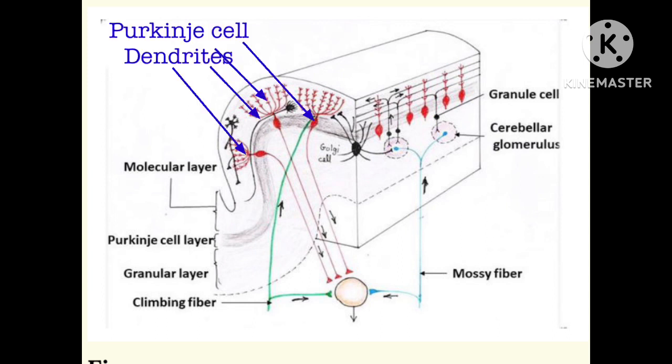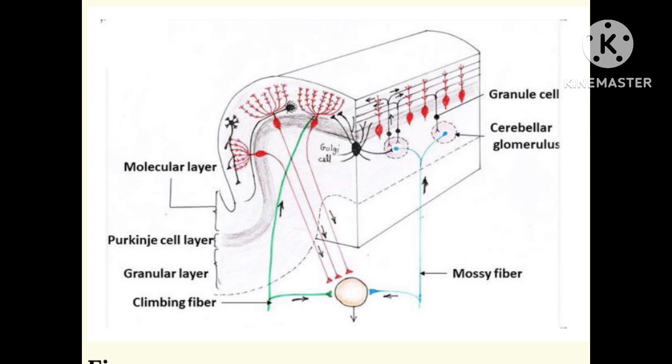Cerebellar glomeruli are formed by the dilated terminal of the mossy fiber. The mossy fiber is surrounded by the dendrites of granular cells and axons of Golgi cells. This forms the cerebellar glomeruli.